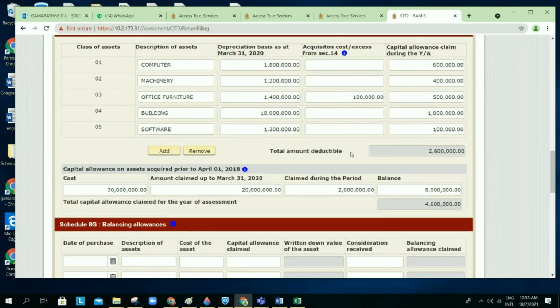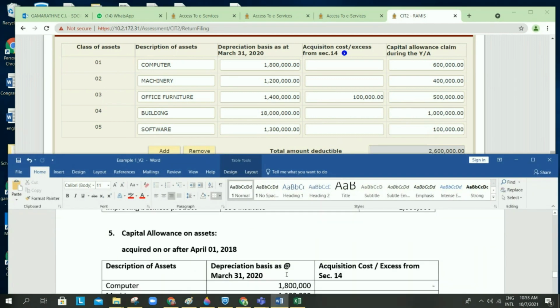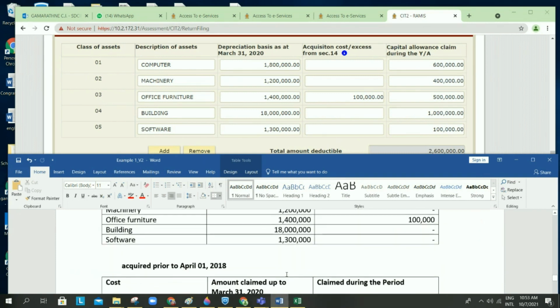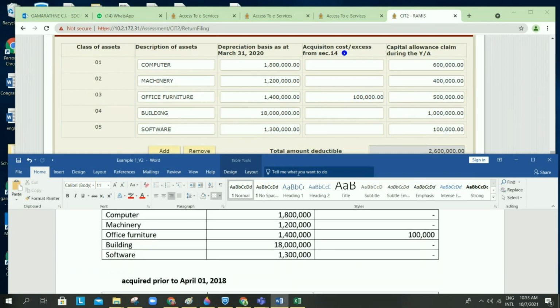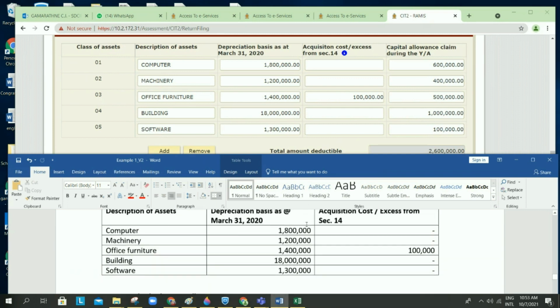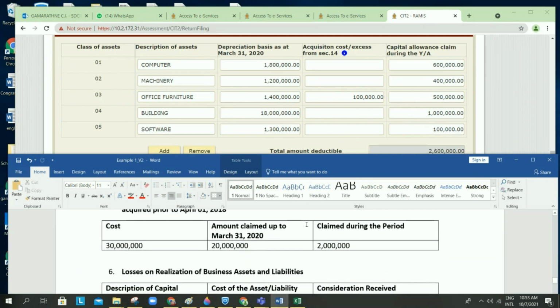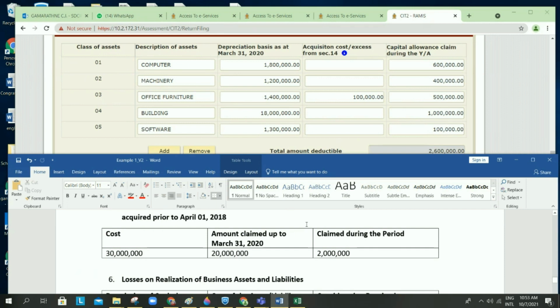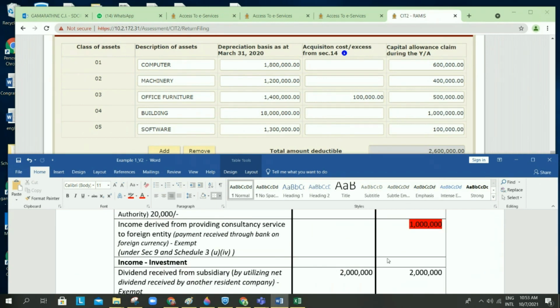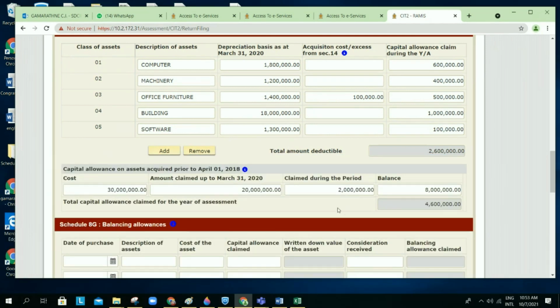Schedule 8F has two parts, as I mentioned earlier when describing the example. Here, we separately identify assets acquired after 1st April 2018 and assets acquired before 1st April 2018. What is the reason? For assets acquired after 1st April 2018, we have to apply the provisions related to Act number 24 of 2017.